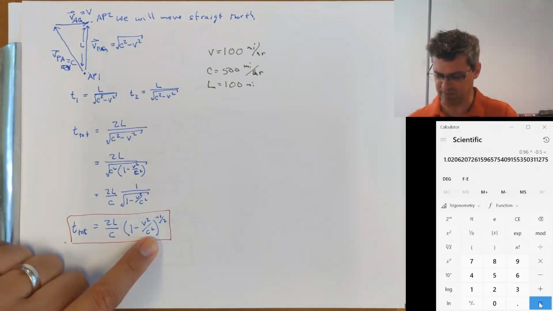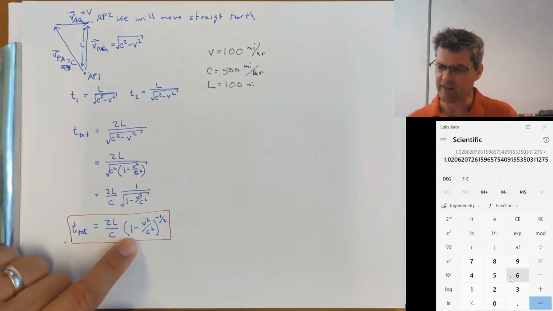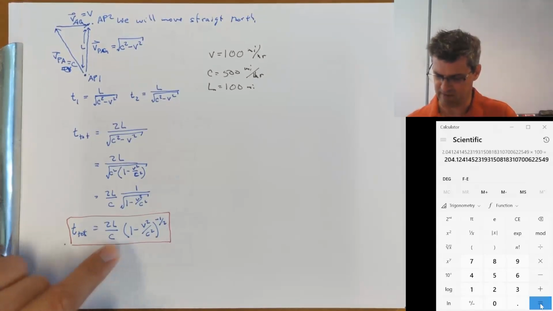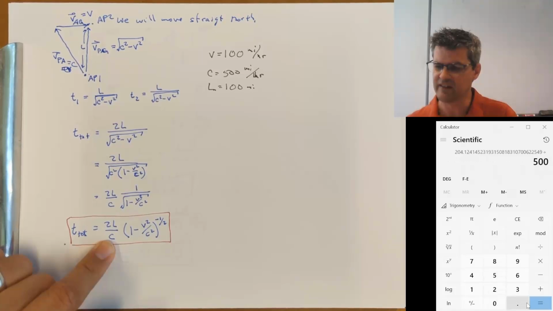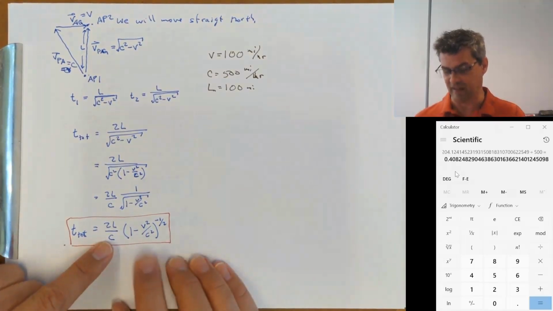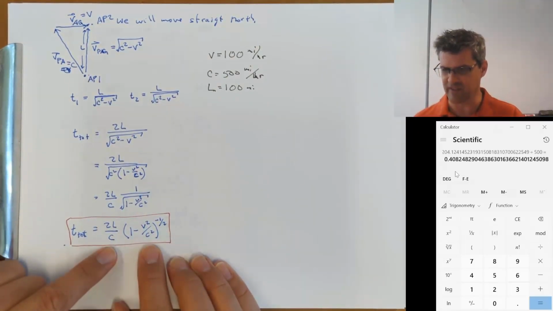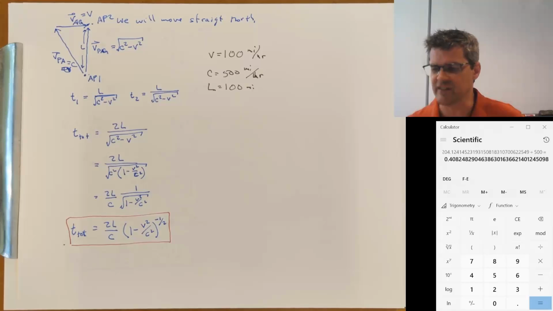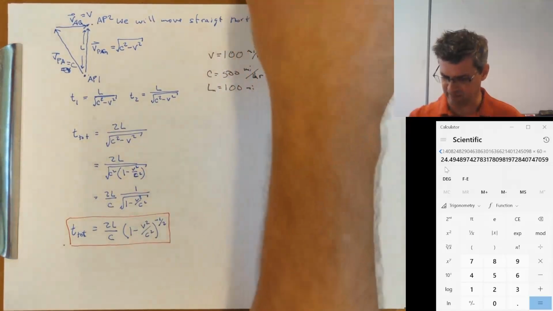It's some number that's bigger than 1 times 2 times L, which is 100, times 100, divided by C, is equal to 0.408 hours in terms of the units that are given here. If we wanted to turn this into minutes, this is 24.5 minutes.